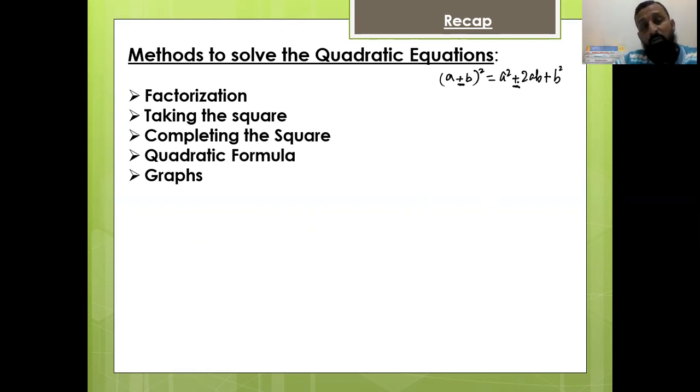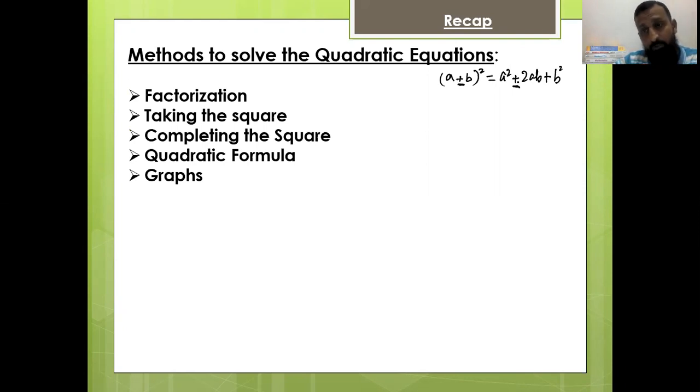The third method is called completing the square method. Completing the square method, what do we do? We arrange the given equation in descending order form. First we have x squared, then we have x, and then we have a constant number, and finally equals to 0. Now in this completing the square method, we take the coefficient of x, right?